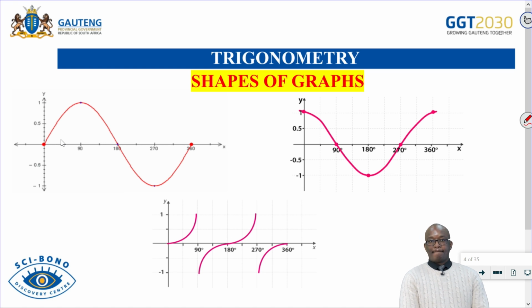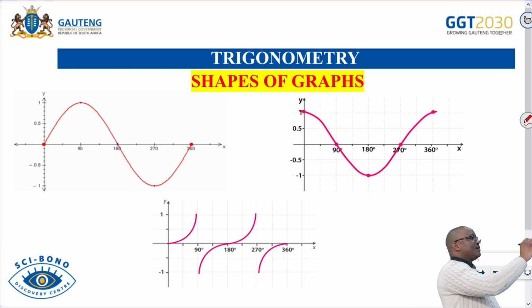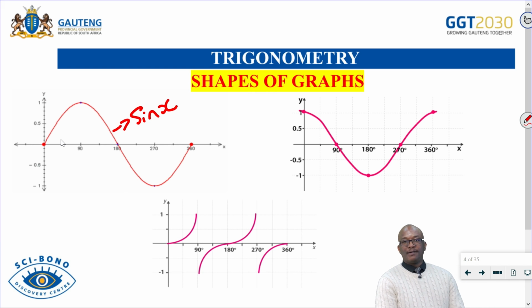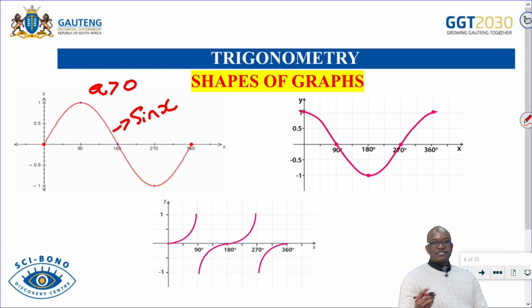Looking at the shapes of our graphs, the first shape that you see here represents the graph of sine. It's a normal graph of sine, and that's how you see the shape of the graph of sine when A is a positive number.